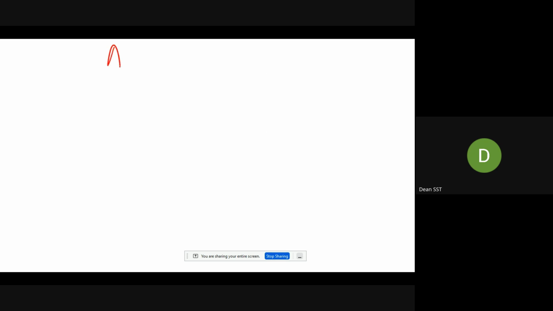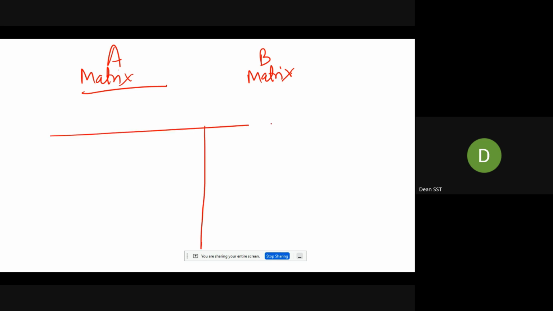So there are two operations. Suppose we have matrix A and matrix B. We can perform two types of multiplication, A cross B and B cross A. Suppose A's dimensions are 4 into 3 and B is 3 into 4.